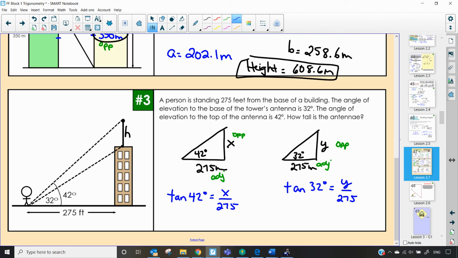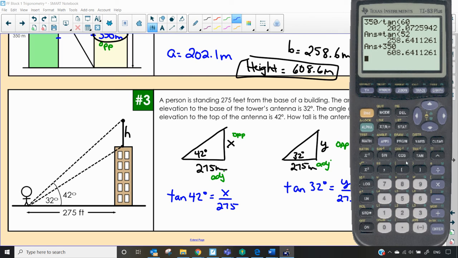Again, we can put these into our calculator. We've got 275 tan 42 gives us 247.6. And then we have 275 times tan of 32 gives us 171.8.